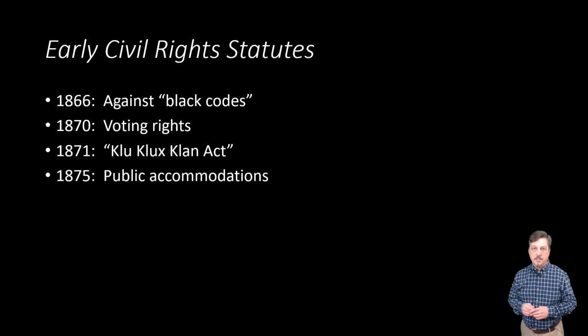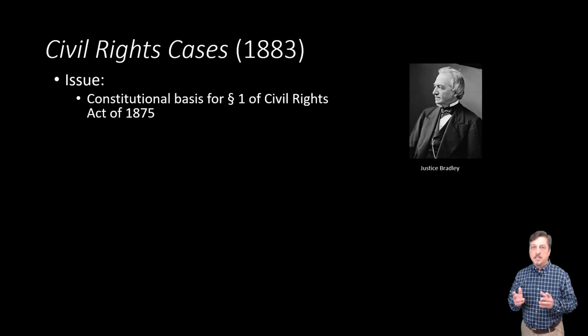However, Congress's ability to enforce these amendments depends on the scope of the amendments themselves. If Congress passes a statute that purports to enforce the 14th Amendment against individuals without state action, that statute could be subject to challenge. This was precisely the issue in the 1883 Civil Rights Cases.